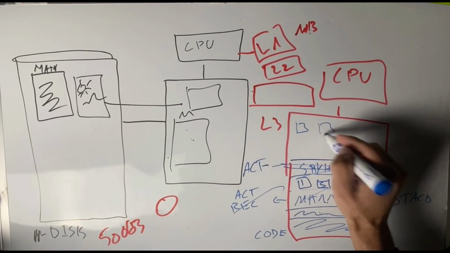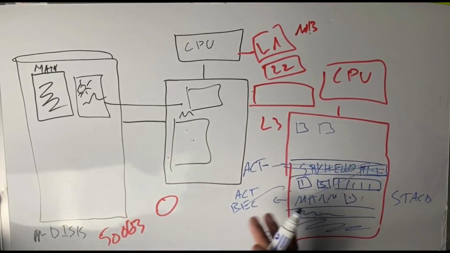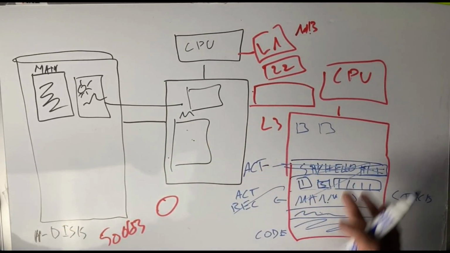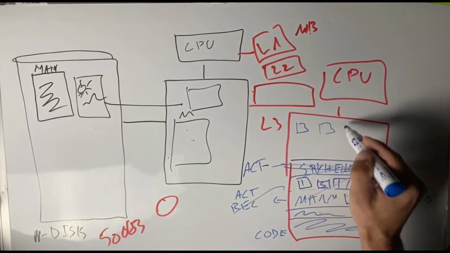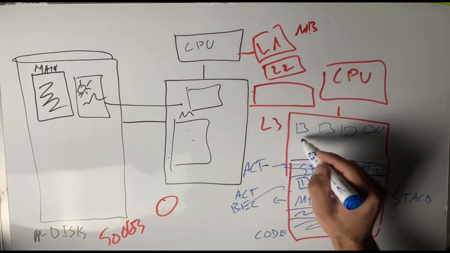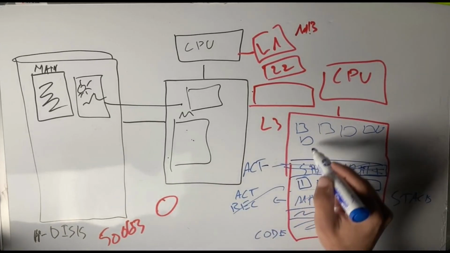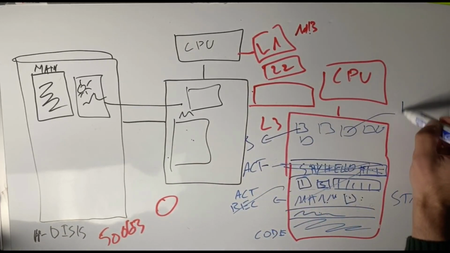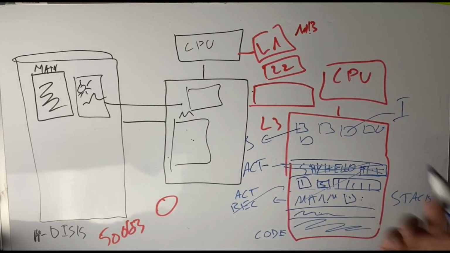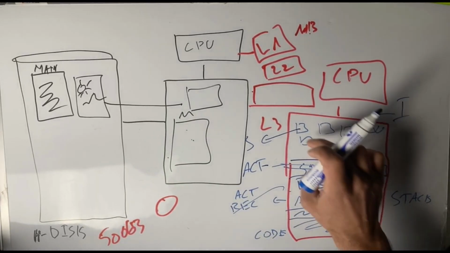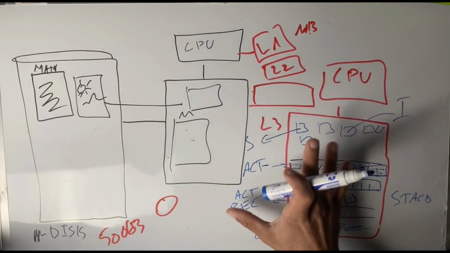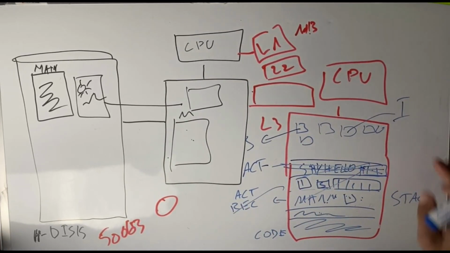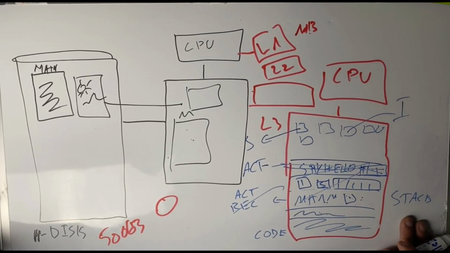There is the heap. The heap has nothing to do with the data structure called heap, or almost nothing, but it's like a bunch of space here in the RAM that we can allocate. Let's say we allocate this one and put a string in it. Let's say we allocate this one and put an integer or whatever. So we can allocate those dynamically. This is called dynamic allocation, and this one is static allocation.